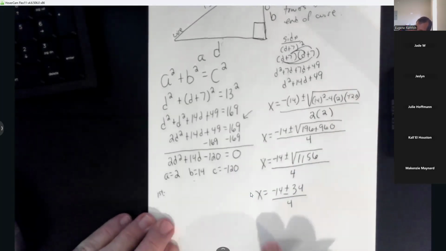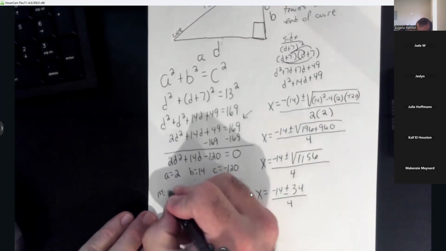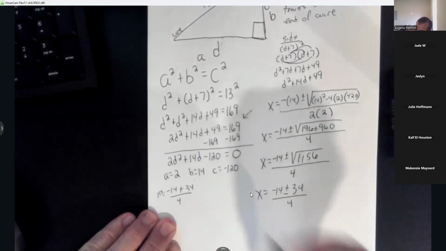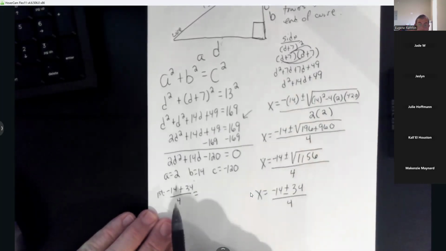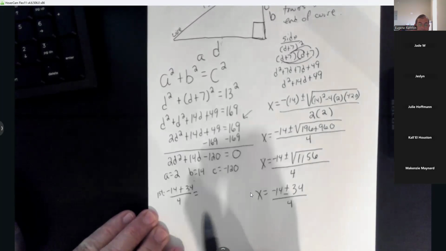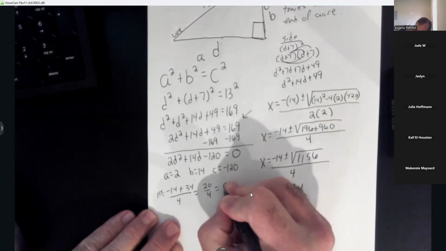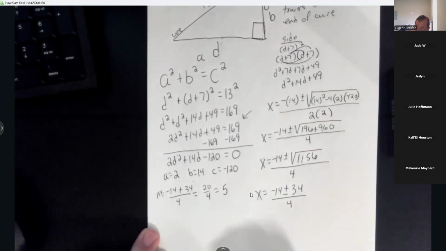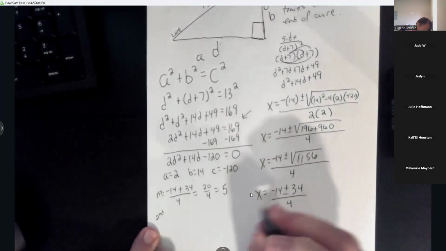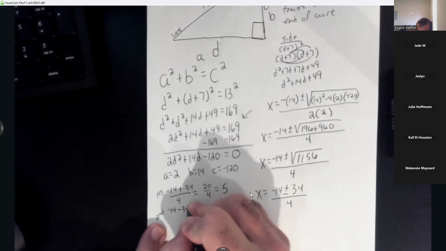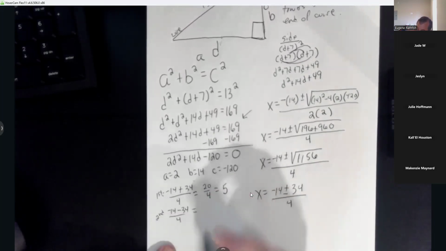So let's get the first answer by adding. So negative 14 plus 34 divided by 4. So negative 14 and 34 give me 20 over 4, which gives me 5. Now y'all watch, this second answer would be negative 14 minus 34 over 4.